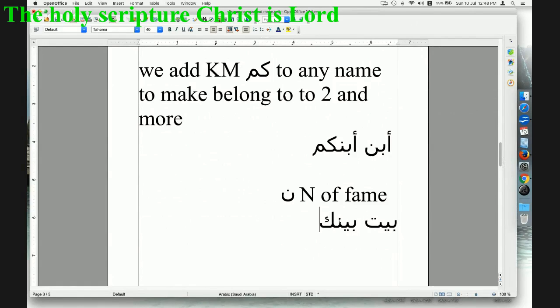And I advise you to stick with the kum rather than make it specific, because as long as betakum is correct for male and female, why make things complicated for yourself? However, if you want to make it for females only, then you have to replace the letter m with noon.